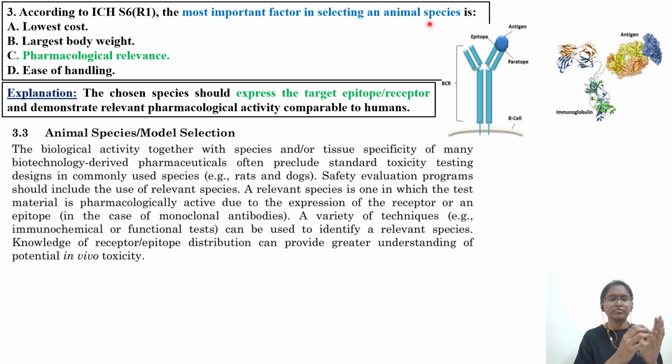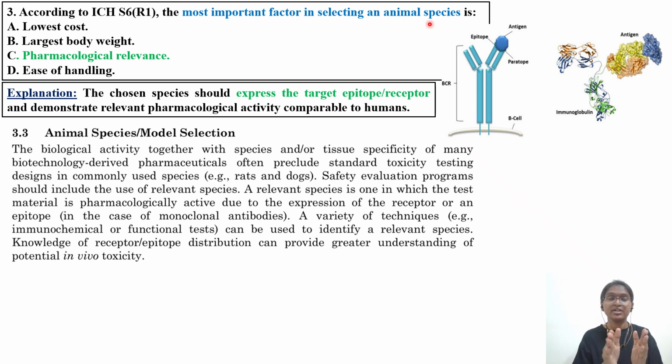If in that particular animal, for example rat or rabbit or monkey, the particular receptor epitope is not there, then even if you give this biologic, it will not bind because of the absence of the receptor. Such studies are going to give you no meaningful data. In fact, if you find any adverse effects, it will unnecessarily create confusion and complicate the interpretation for the whole biologic.